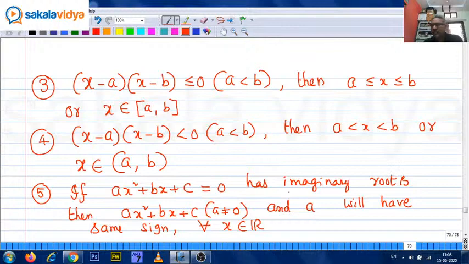So these things you need to keep in mind while solving the domain problems.